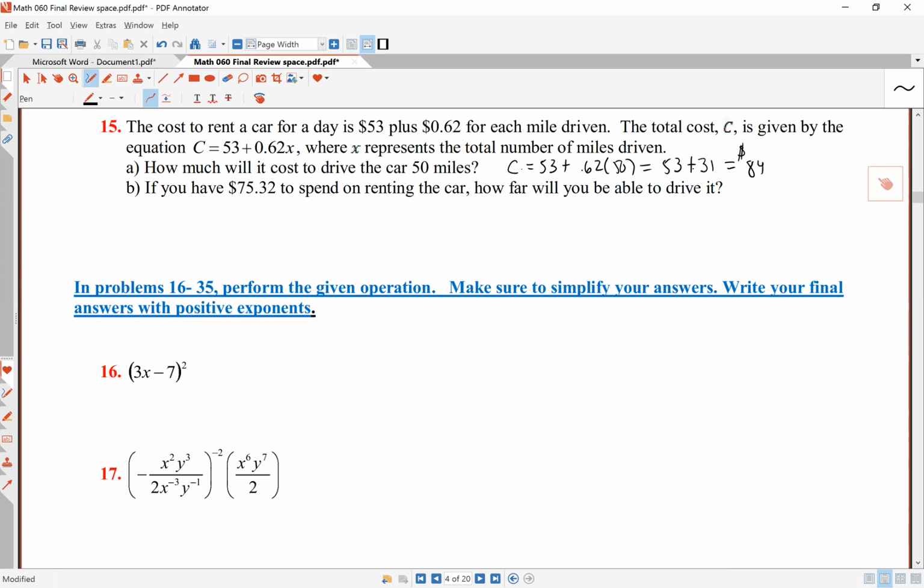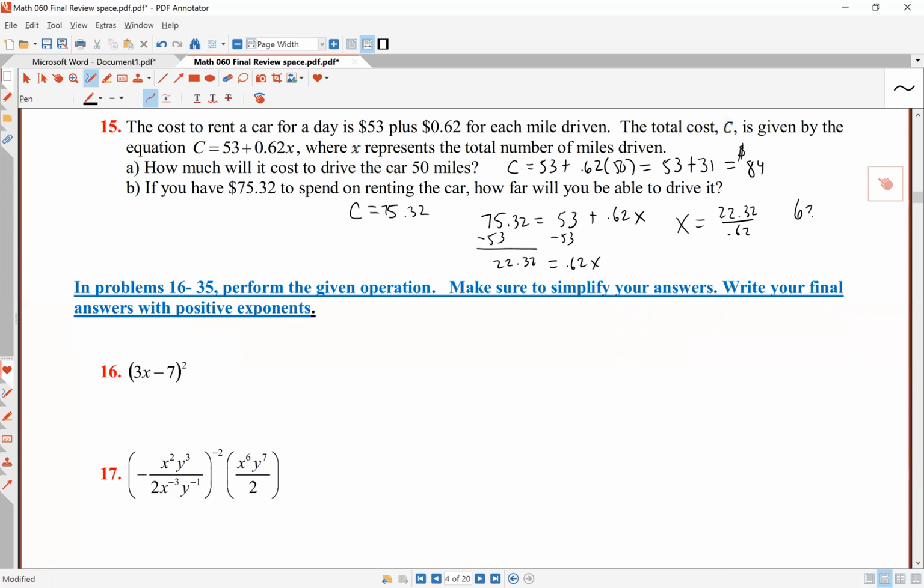But if you only have $75.32 to spend to rent this car for a day, then it's $75.32 equals 53 plus 62 cents times x. Subtracting 53, 22.32 equals 62 cents x. x is 22.32 divided by 62.